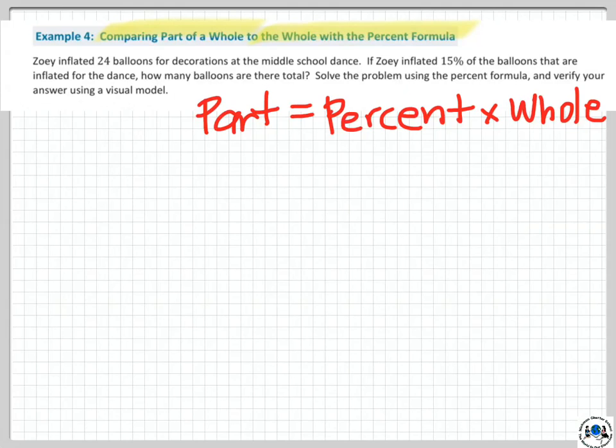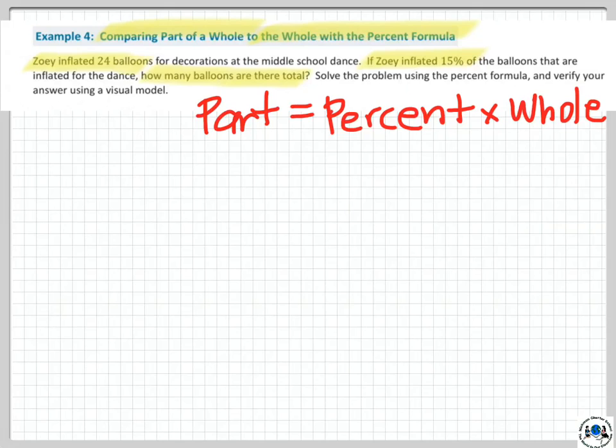Okay, so let me go ahead and read this. Zoe inflated 24 balloons for decorations at the middle school dance. Okay, if Zoe inflated 15% of the balloons that are inflated for the dance, how many balloons are there in total?